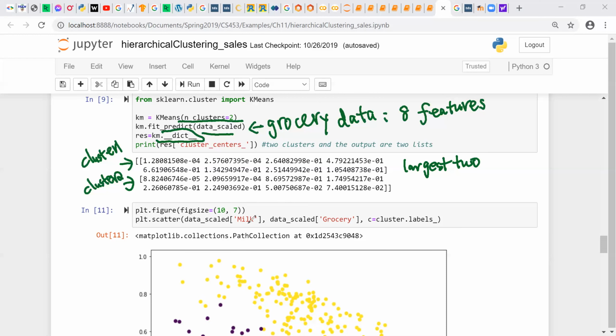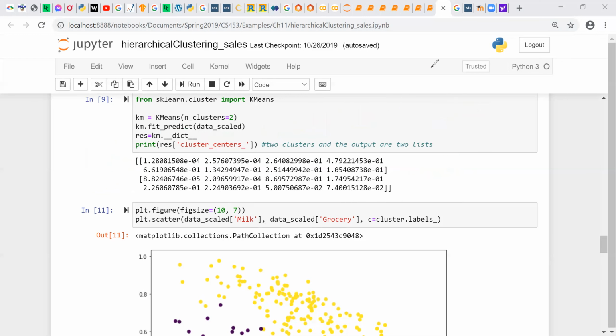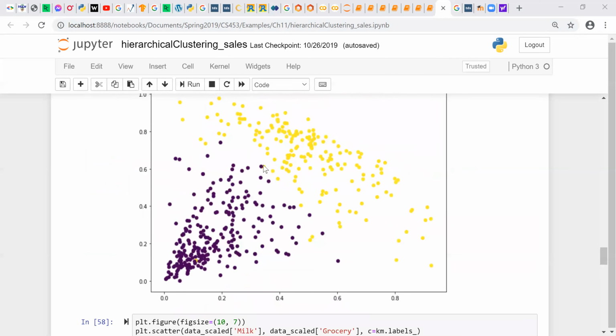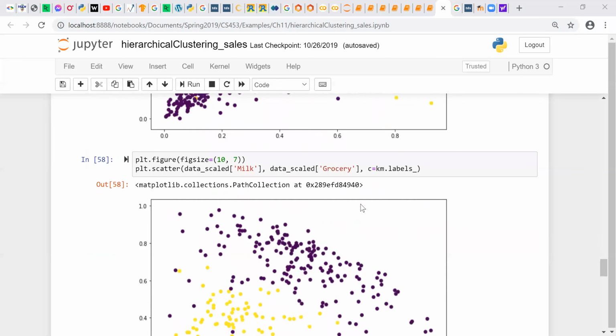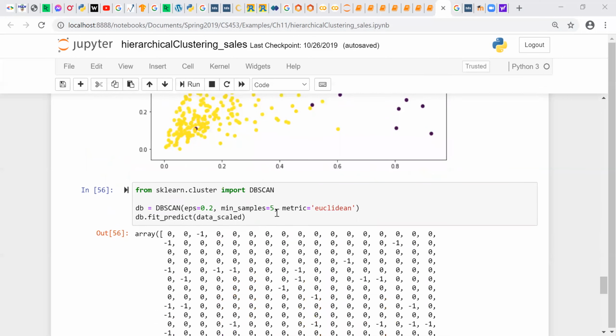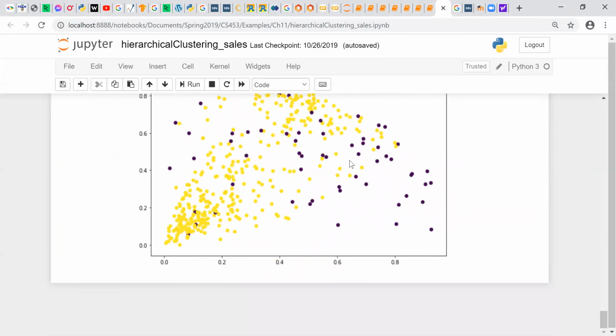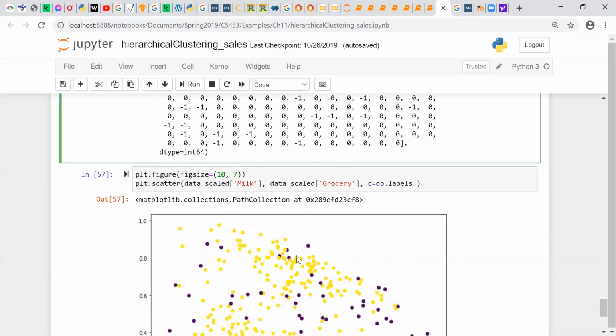Over here, it says milk and grocery. After you collect these 2 most important features, you can do scatter plotting, and with scatter plotting you can easily see the clustering. But in this case, if we use DBSCAN, you will see DBSCAN won't work well for this dataset.